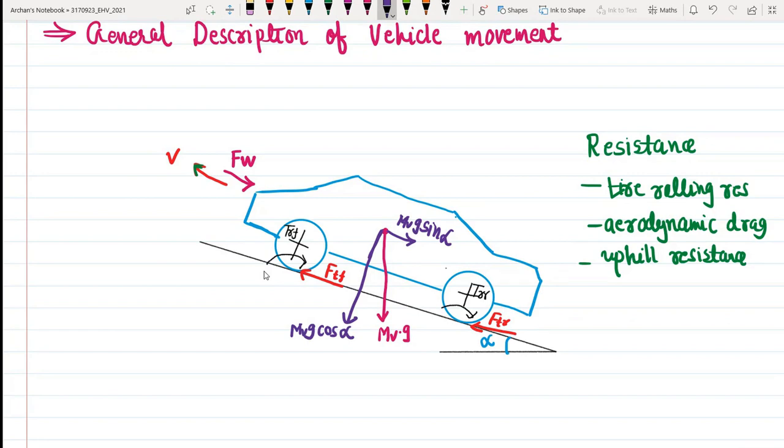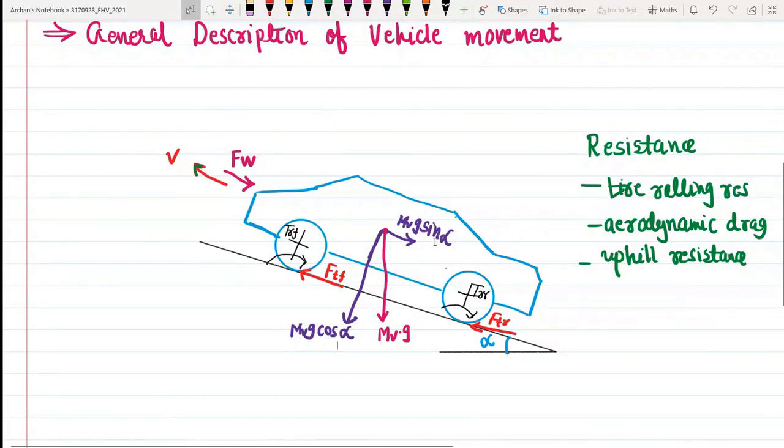Now here you can see TRF and TRR are my tire rolling resistances, which act in the direction opposite to the movement of the vehicle. Then there is aerodynamic drag Fw, also acting opposite to the movement. And then there is grading resistance, which is mvg into sin alpha, also acting opposite to the movement.